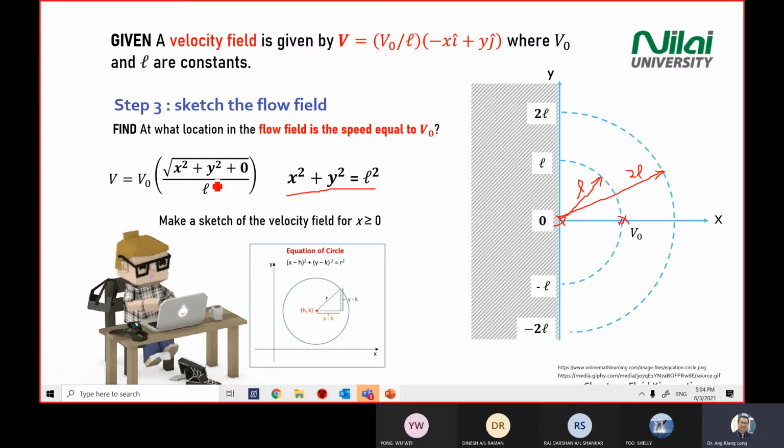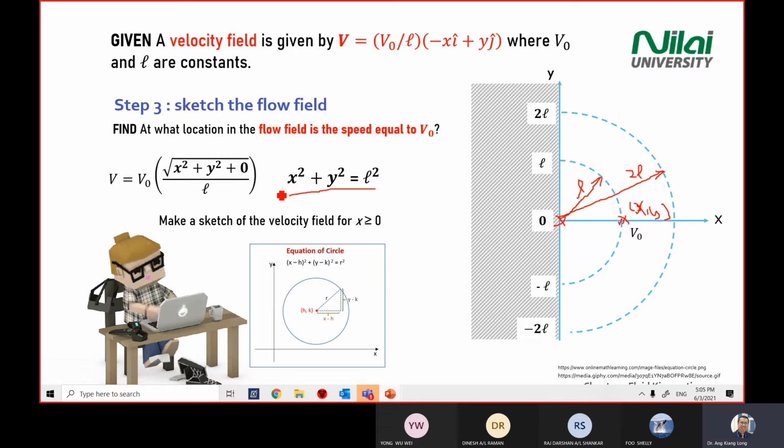Because when you substitute the value of y equal to 0 in this equation, for this point y equals 0. This is your x, y. Your y value is L, plus you need to find your x.